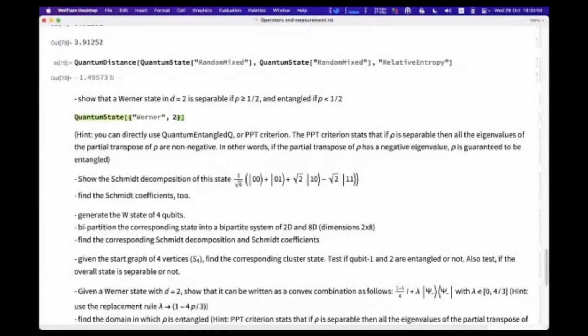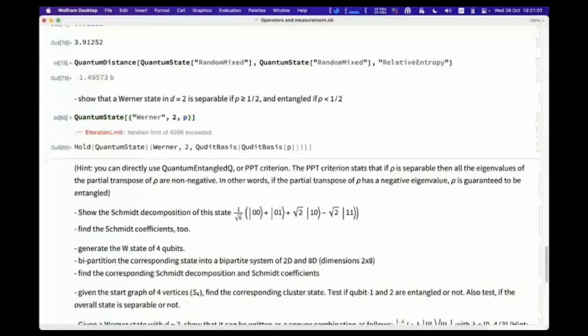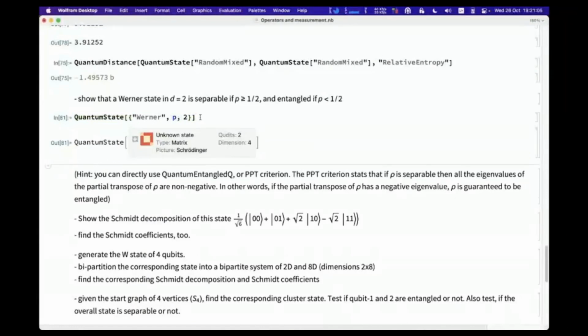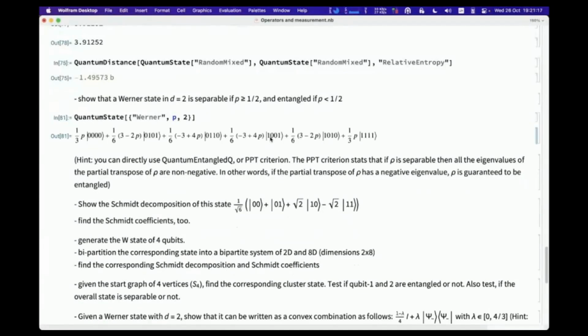What is special about Werner states is that when you have a tensor product of two unitaries, your state is basically invariant under those unitary transformations. So what we have here is a Werner state in dimension 2 with the corresponding probability.